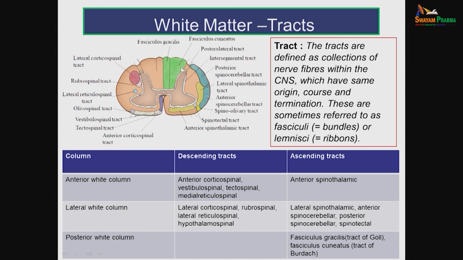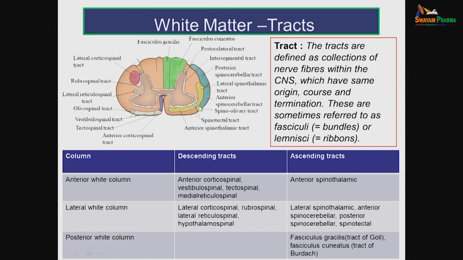They are also given other names: fasciculus gracilis is called the tract of Goll and fasciculus cuneatus the tract of Burdach. These two tracts are called the posterior column pathway, occupying the posterior white column. Another name for this is the medial lemniscal pathway. This will be discussed in the second part of the lecture on spinal cord tracts.